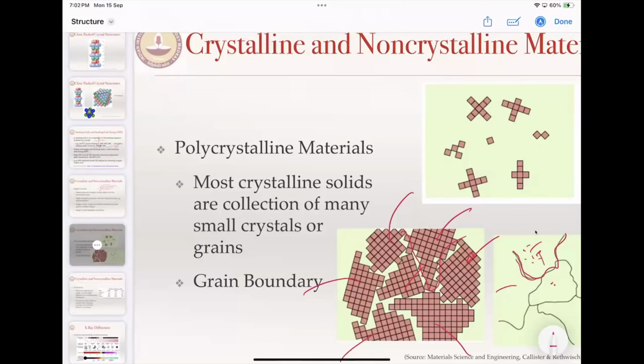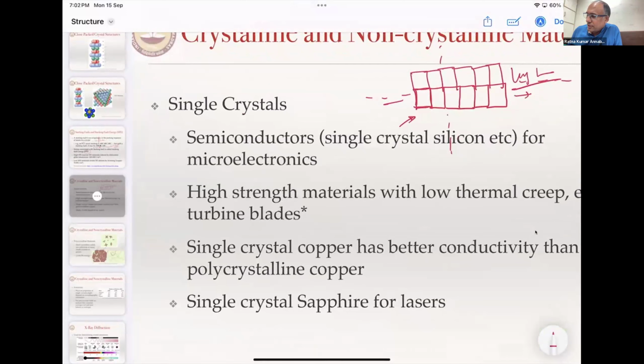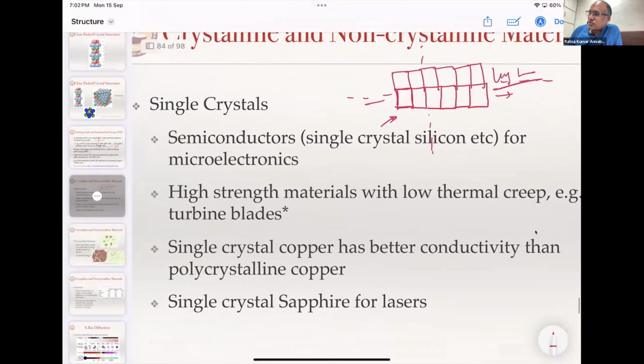Sir, in general, for these categories, do you have any examples, like metals or something? I will talk about them. We are only talking about metals. You will have copper, which is polycrystalline copper. You can also have a single crystal copper. For example, single crystal materials are extremely useful for turbine blades. All turbine blades are usually made of single crystal materials.